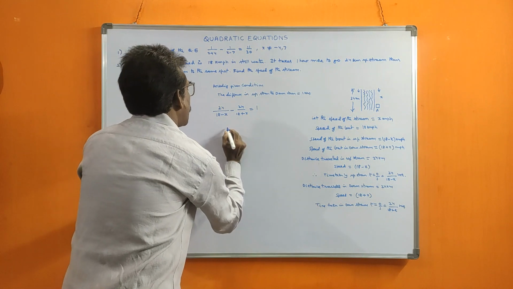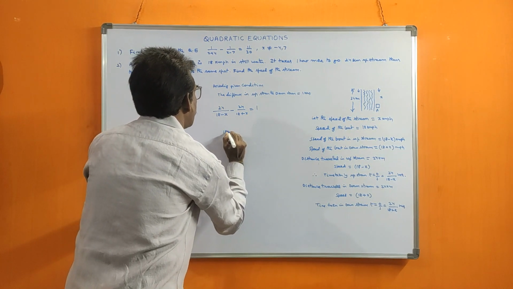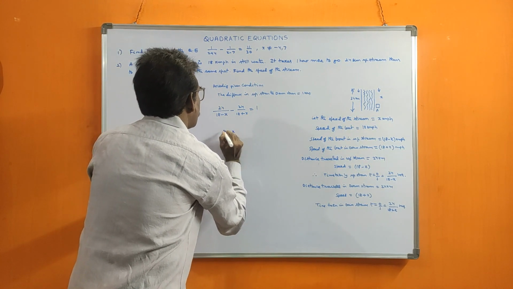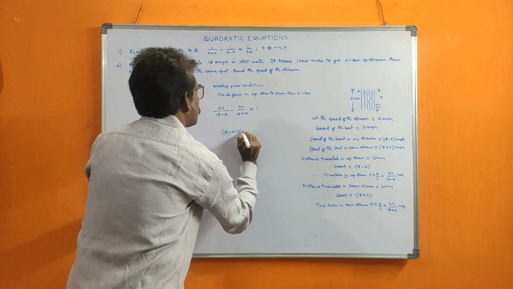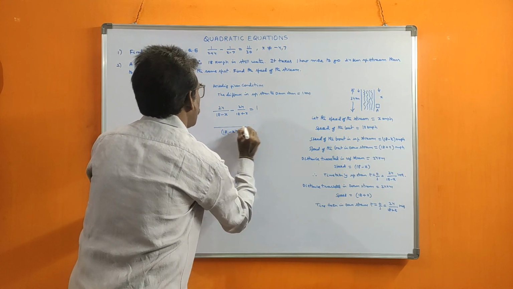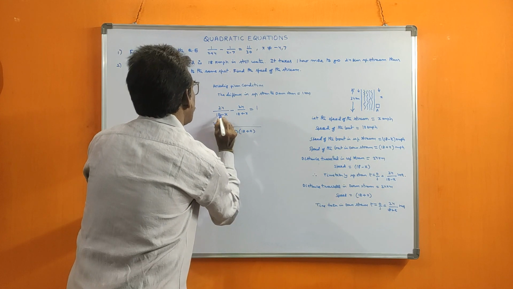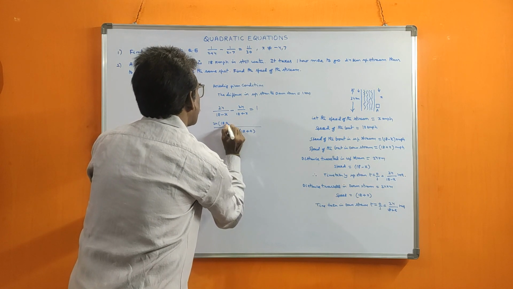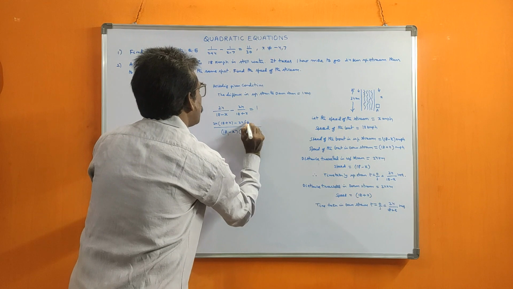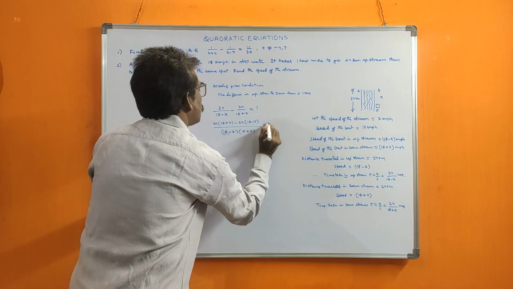Now we can solve it as a quadratic equation directly. So the LCM is (18 minus x)(18 plus x). So 24 into (18 plus x) minus 24 into (18 minus x) is equal to 1.